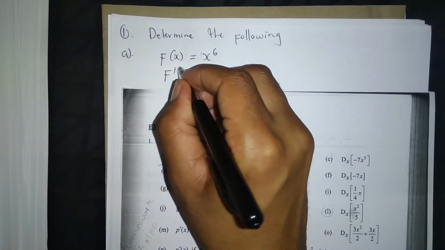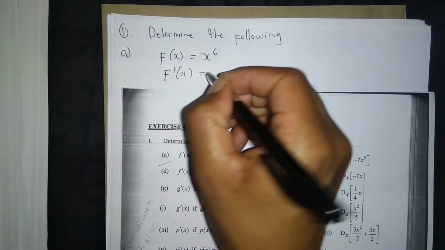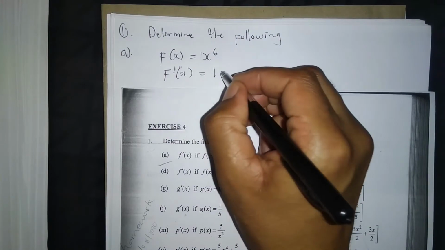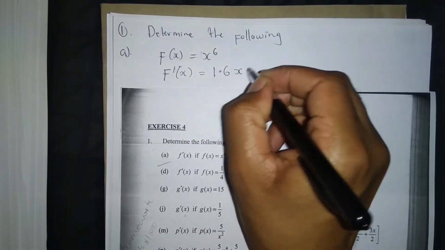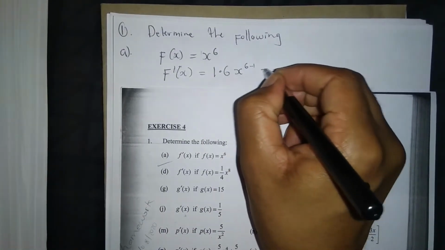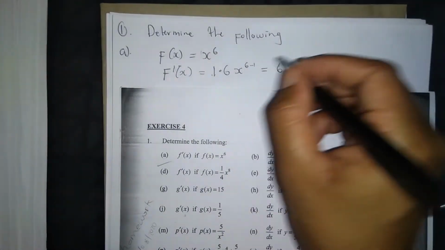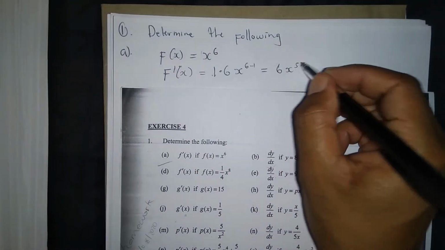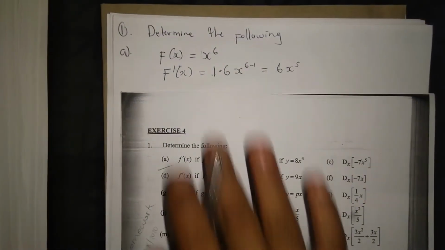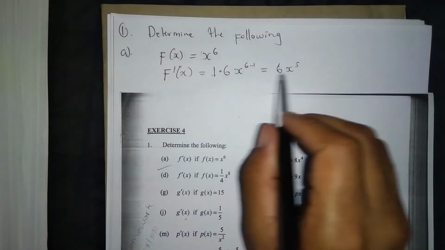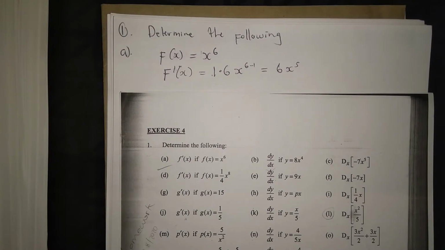So f prime x is equal to 1 times 6x exponent 6 minus 1, equal to 6 times 1 is 6x exponent 5, right? This is our derivative. Our derivative is equal to 6x exponent 5.